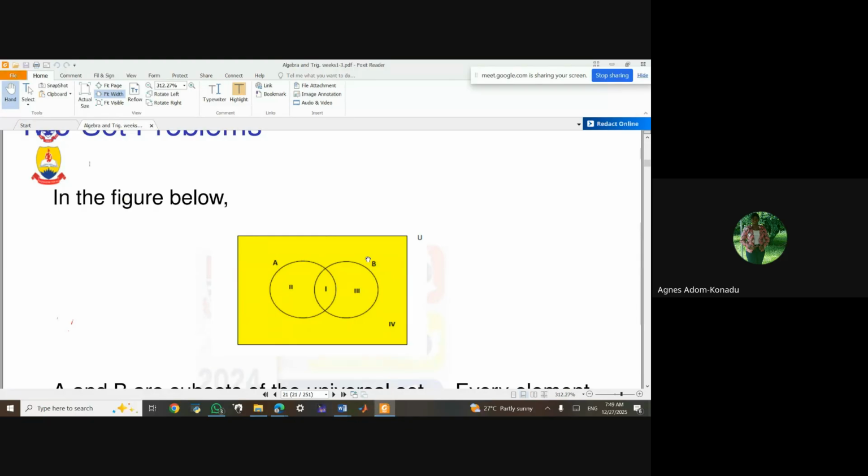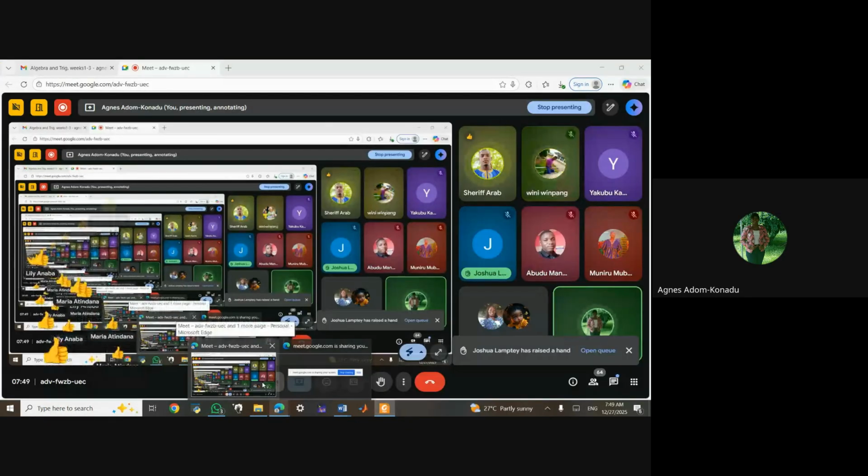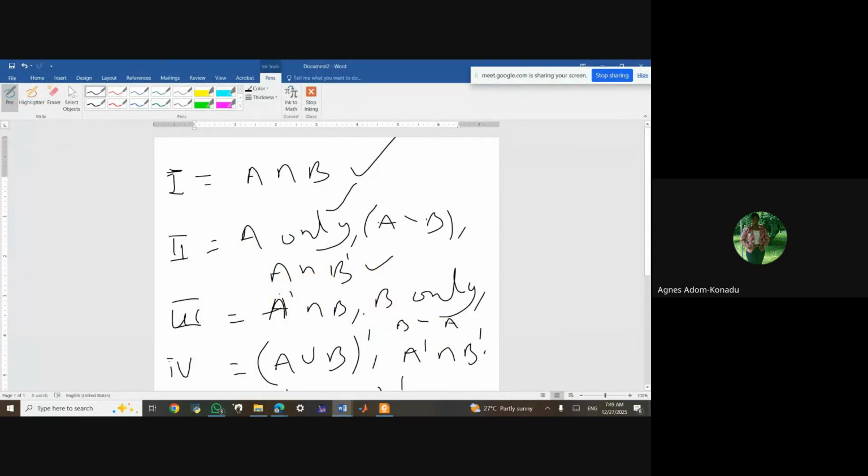When we talk about difference, it means that we take only this one out, then the whole of this. So it cannot be only B. We put this one somewhere because we are looking at the universal set. Okay. So the same thing, when we take the II, this is correct. Then we will take this one out.